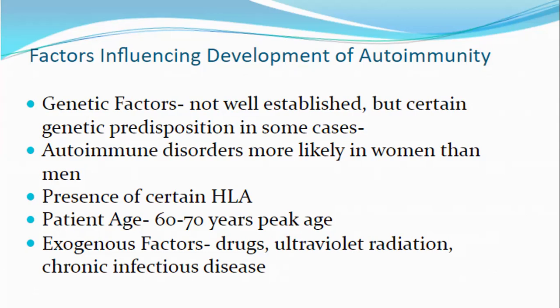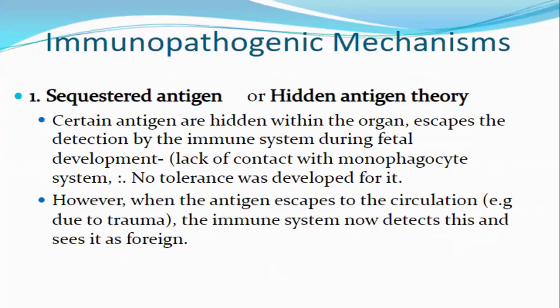Older patients are also more likely to develop autoimmune disorders. Exogenous factors such as drugs, ultraviolet radiation, and chronic infectious disease might cause mutations to the genes that regulate the development of your immune cells.